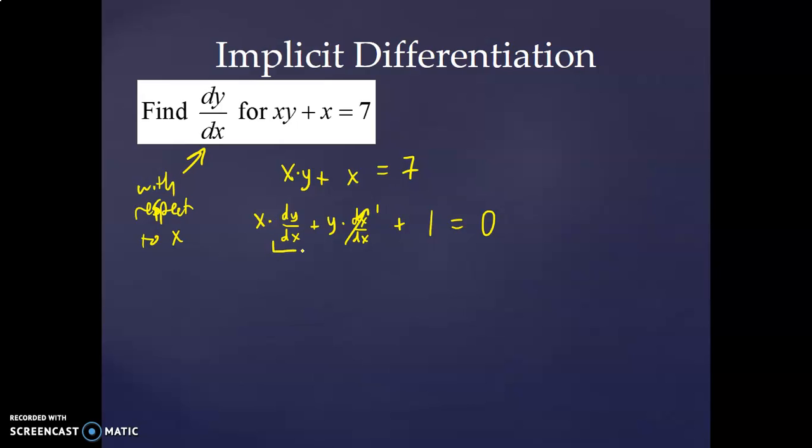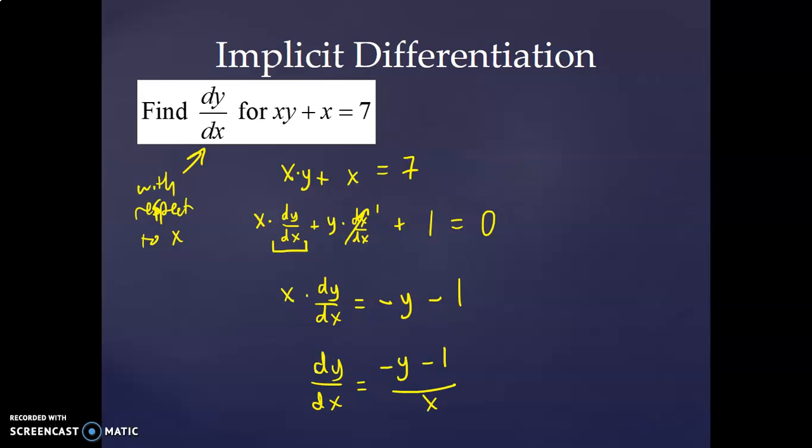So now I'm trying to solve for dy/dx. So I need to move everything else over to the other side and then divide by whatever's in front of your dy/dx. So I'd get x times dy/dx equals, when I move this y and this 1 over to the other side, they're going to become negative y minus 1. And then to get dy/dx by itself, I would just divide both sides by x.